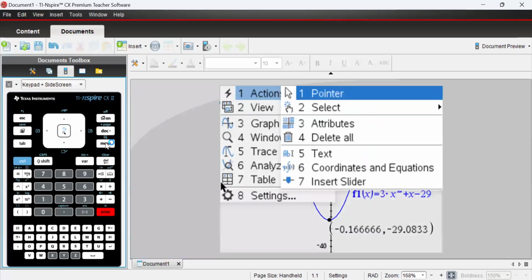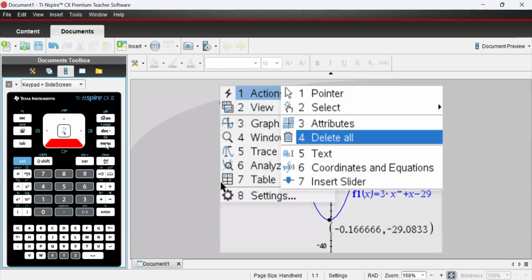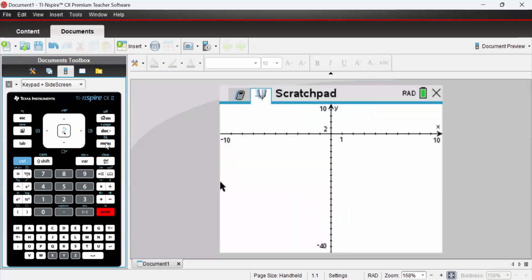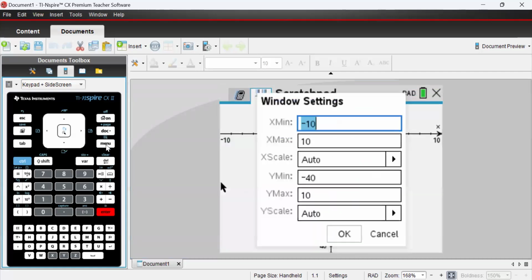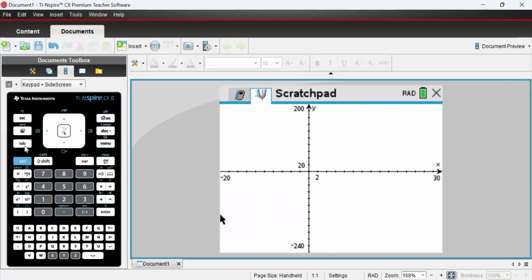All right, I'm just going to clear all, or delete all rather. Let's go ahead and change the window first. And these are the settings they gave us. Click OK.